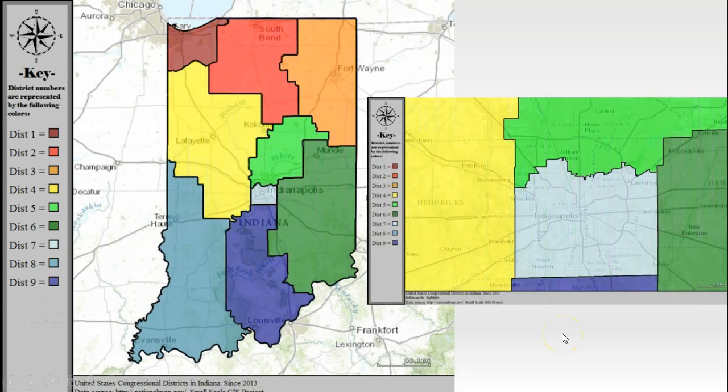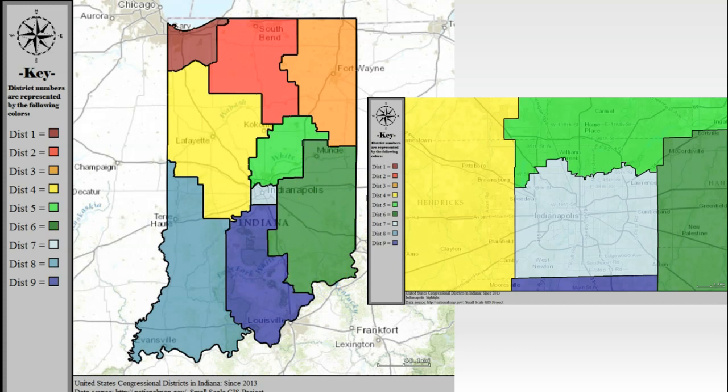But then we look at today, and it changes quite dramatically. This is Indiana's congressional districts since 2013. Shelbyville is still in District 6. So everybody living in District 6, your representative is Greg Pence.